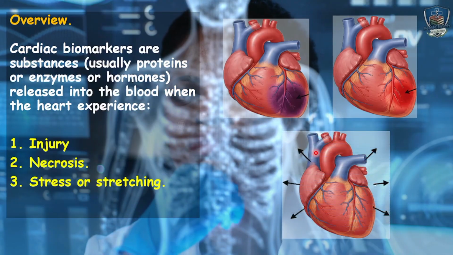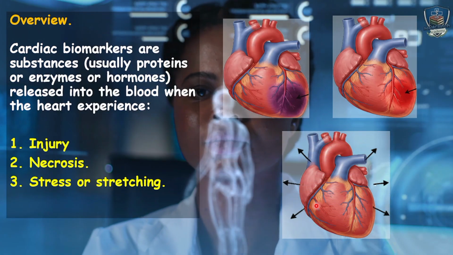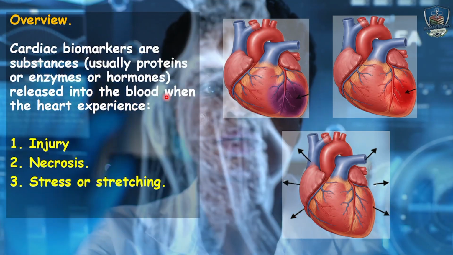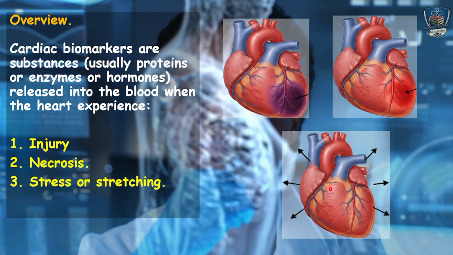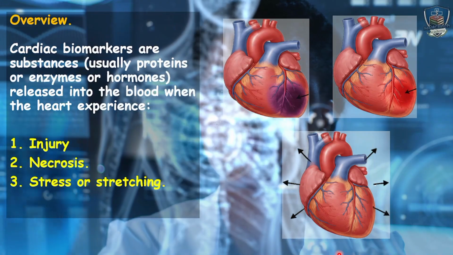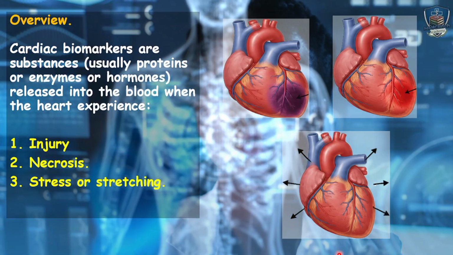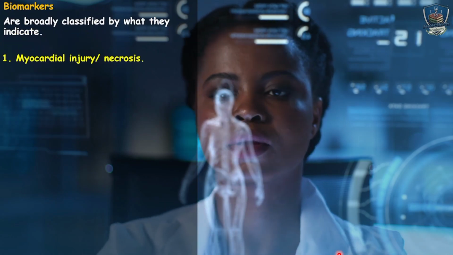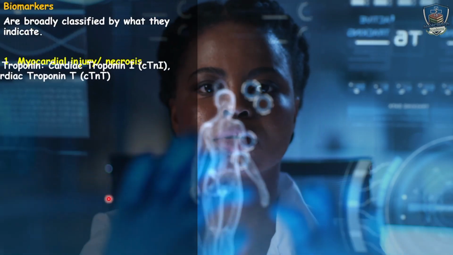When those three happen, the heart will release biomarkers into the bloodstream, and this will help us diagnose or identify what is wrong with the heart. In a broad classification, we can say that these biomarkers can be classified based on what they indicate.